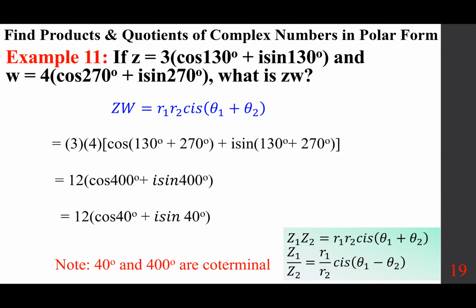So I just subtracted 360 because it gives you the same angle. And since they ask for polar form, we are done. If they said rectangular form or standard form, then we have to figure out what's cosine of 40 degrees, what's sine of 40 degrees using a calculator.